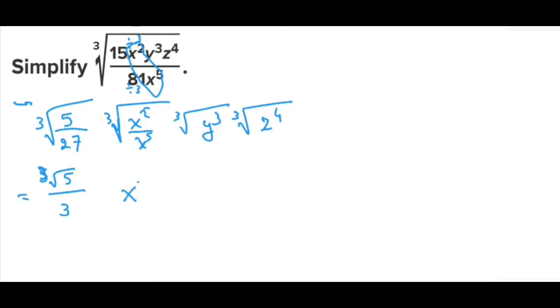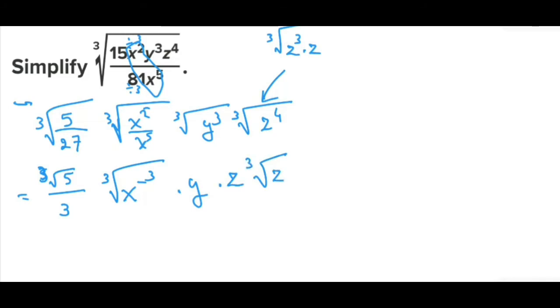That will be x power negative 3 under the cubic root. And then y power 3 under the cubic root will be only y. And z power 4 under the cubic root, let me write z power 4 as z power 3 times z under the cubic root. Of course, z power 3 under the cubic root will become only z, and another z will remain inside the radical cubic root.